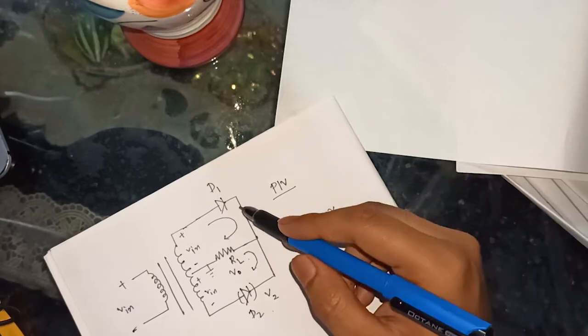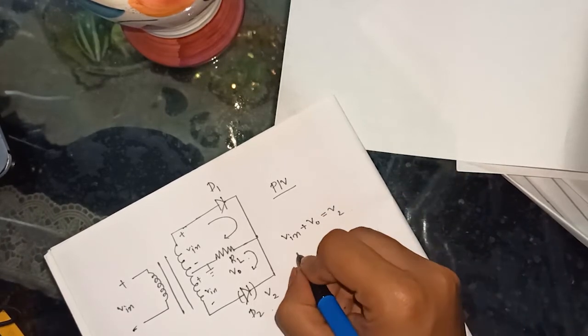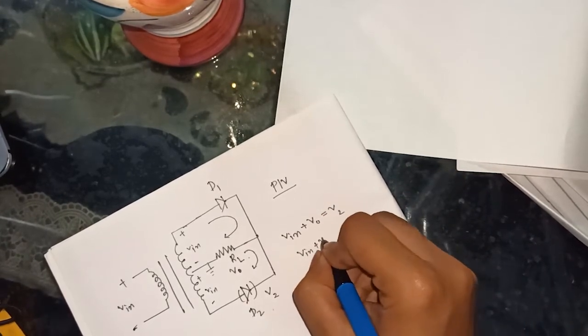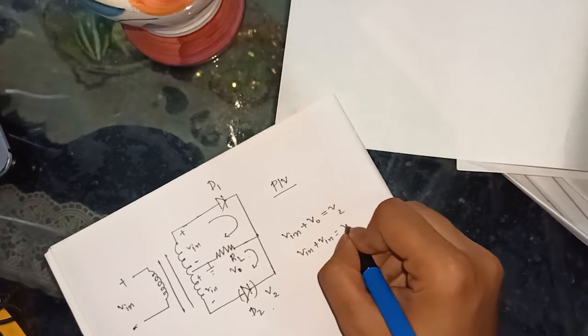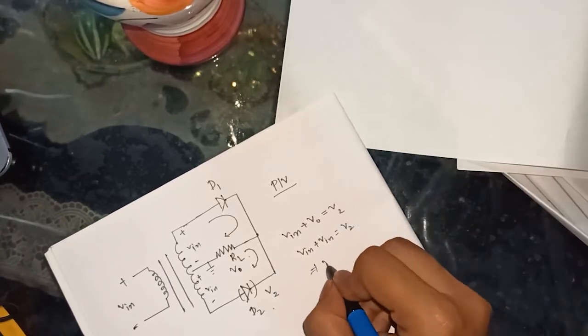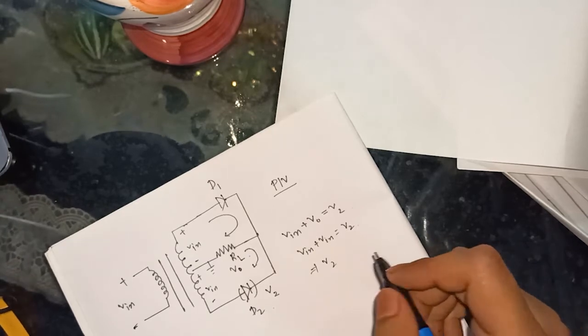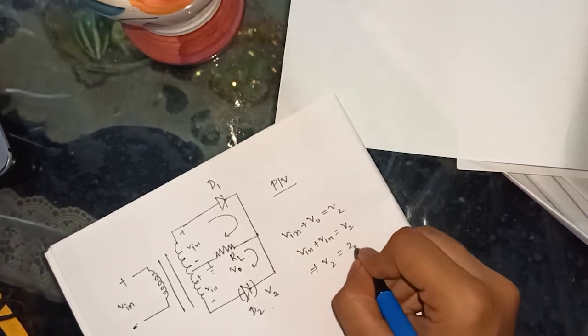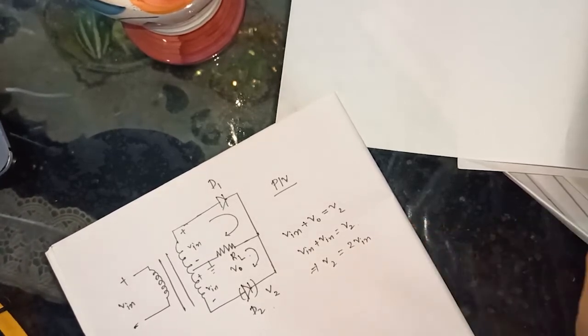For ideal diodes, V naught will be V in, and V2, which is the peak inverse voltage, equals twice V in.